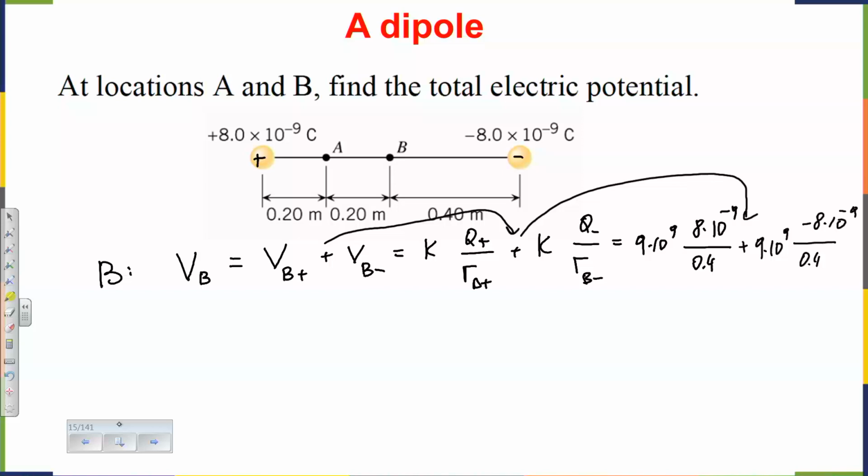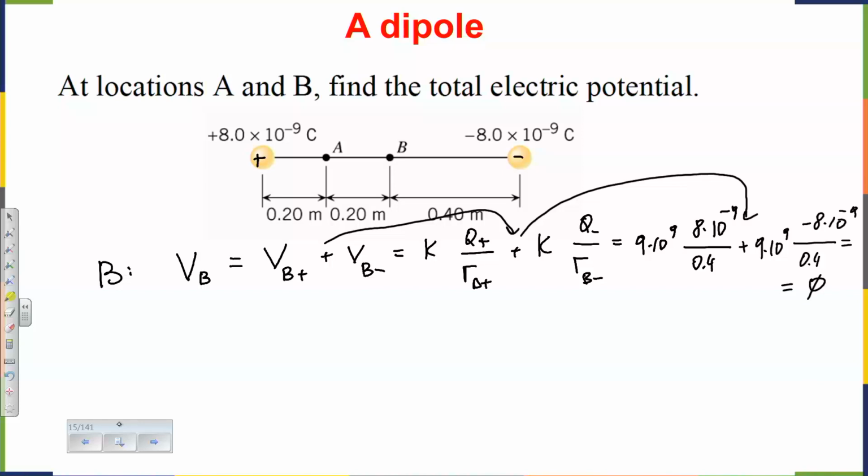Now we have to take a calculator and add these two numbers. And the result is 0. They cancel each other out. That's not the only location with 0 potential.